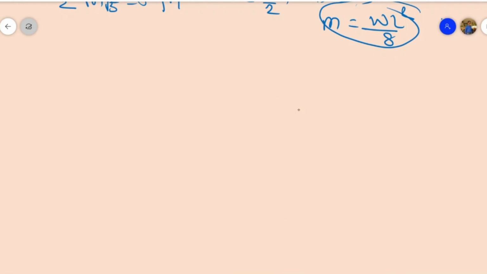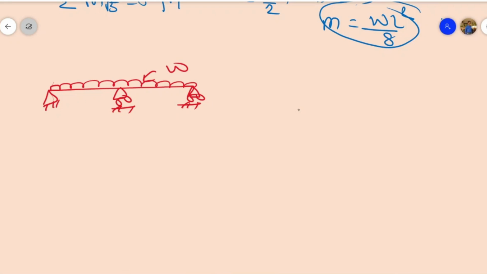Suppose I have a continuous beam with two spans. This is a roller support, another roller support, and over here is a pin support or hinge support. This beam is completely loaded with UDL of intensity W.